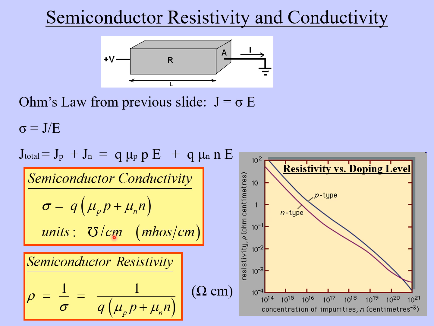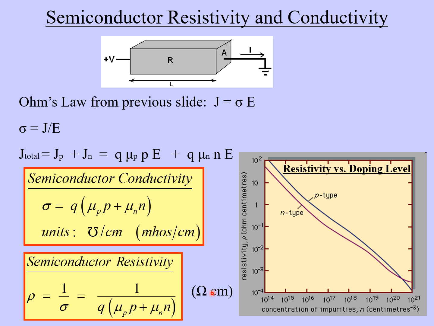And then finally, we can go back and calculate semiconductor resistivity, rho. Remember, rho is just 1 over sigma, and so it's just 1 over this result up here. And so that's what's shown here. And the units for rho are ohm centimeters. Notice that's the reciprocal of mhos per centimeter.